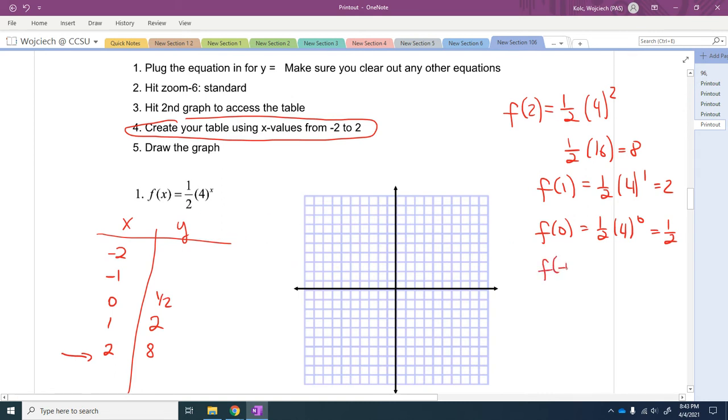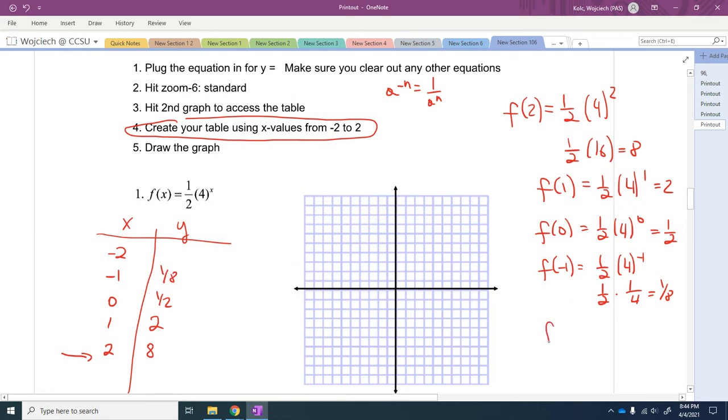f of -1 will be 1/2 times 4 to the negative first. If you recall the rules of exponents, a to the -n is equal to 1 over a to the n. So that will be 1/2 times 1 over 4, which is 1 over 8.